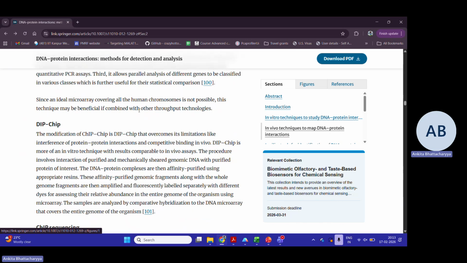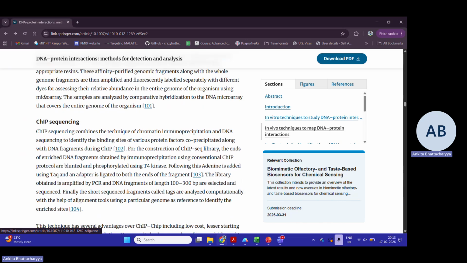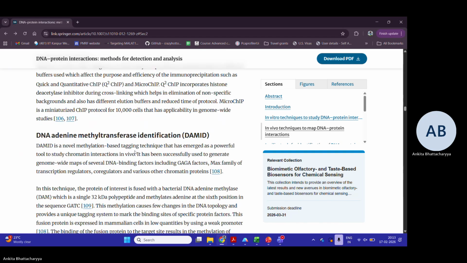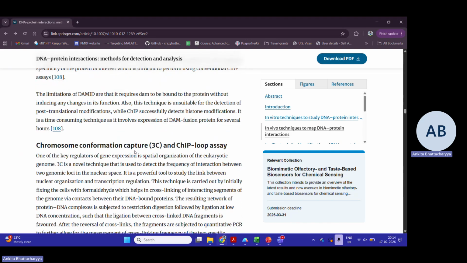Then you have DIP-chip, which involves the modification of ChIP-on-chip; DIP is for DNA immunoprecipitation, I think, if I'm not wrong. Then you have ChIP sequencing, the high throughput method, which is what we'll come to, and other ChIP variations. I'm also not very familiar with all of them, but we'll certainly learn about it.